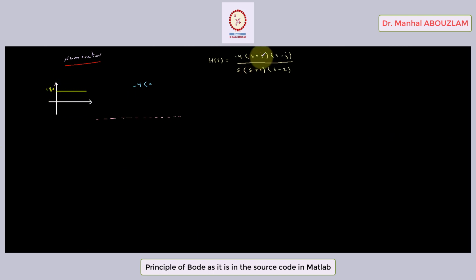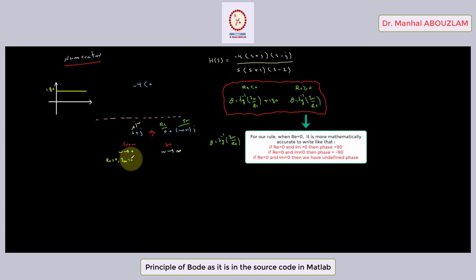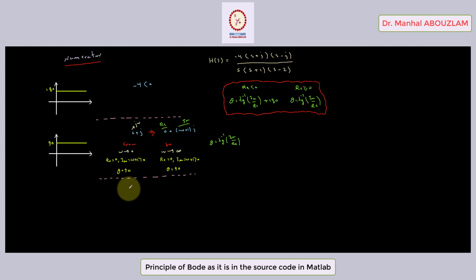Now we take this polynomial, we can observe that the real part is not strictly negative, so the phase is equal to the inverse tangent of the imaginary part over the real part. We can observe for the frequency from 0 to infinity, the corresponding phase is equal to 90. Now for this polynomial, we also have a real part which is not strictly negative.